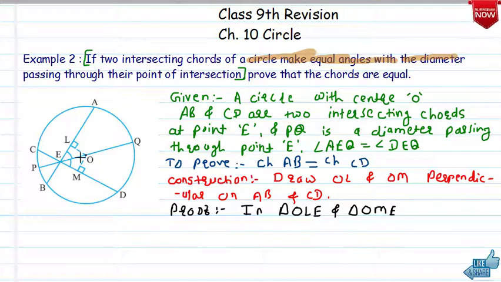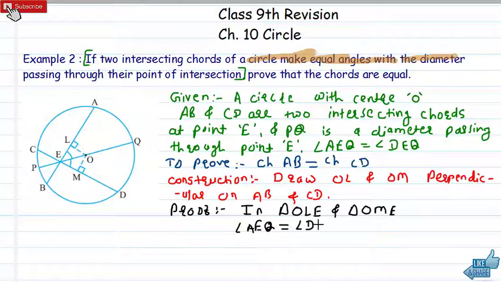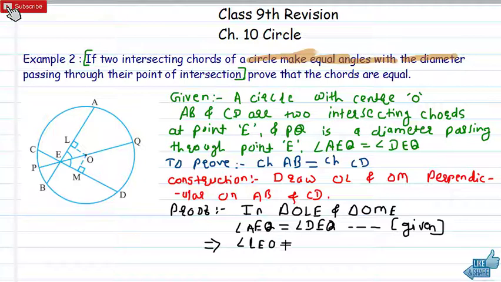So we can write here angle AEQ is equal to angle DEQ. Why are these angles equal? Because that is given. But we don't want this angle, we don't want AEQ. We want LEO. LEO is a part of AEQ. So we can write, which implies angle LEO is equal to angle MEO.